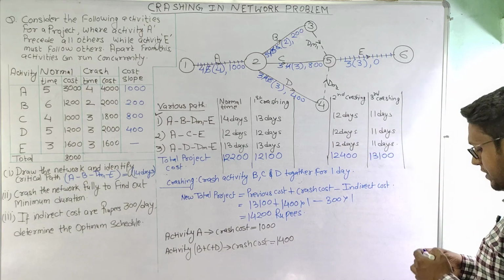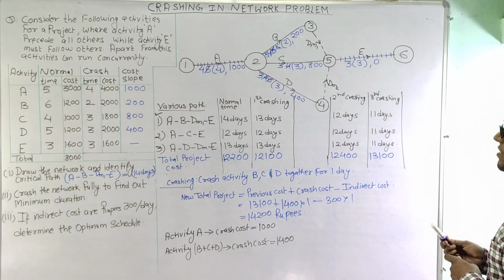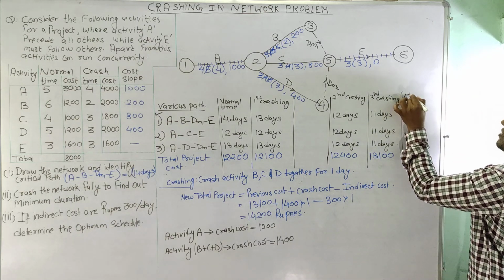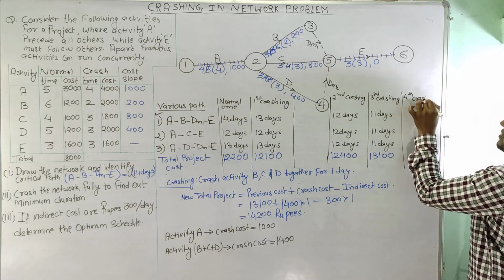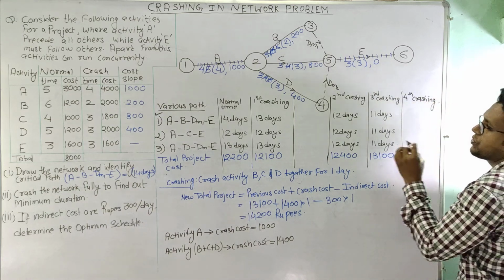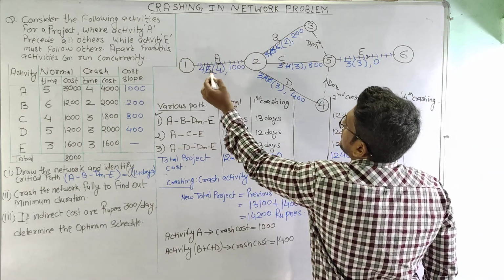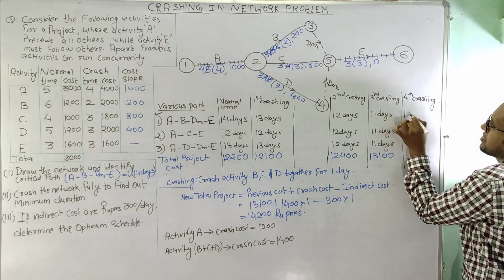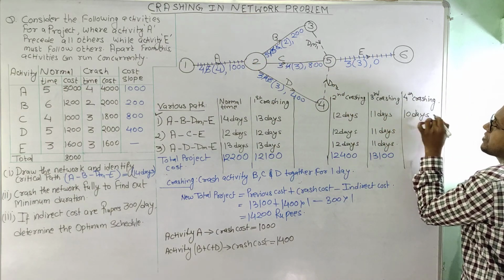So here after fourth crashing, the duration of A, B, E is 4 plus 3 is 7 plus 3 is 10. So this is 10 days.